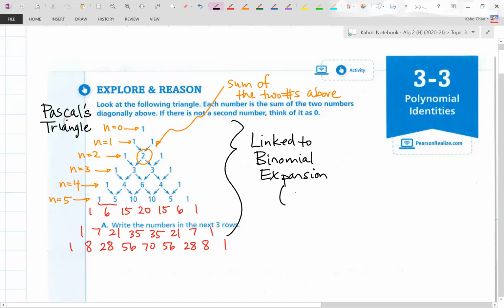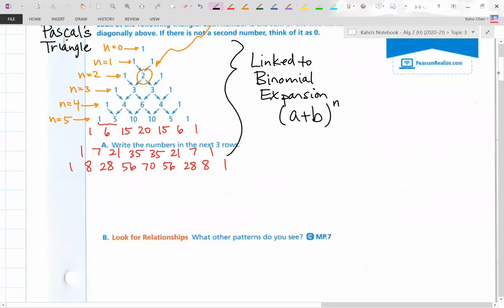We'll just generically represent it with a binomial here, a plus b, and bring it to any power, and this is the connection here, n. See that n right there? n is linked to the row number as well. So if I bring a plus b to the n equals 0, first, second, third, the row values that you see in Pascal's triangle are linked to this expansion.